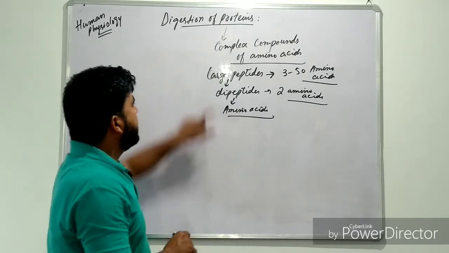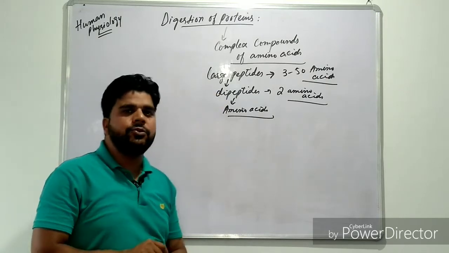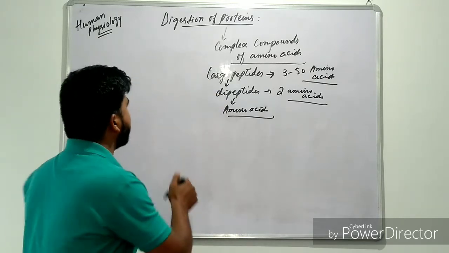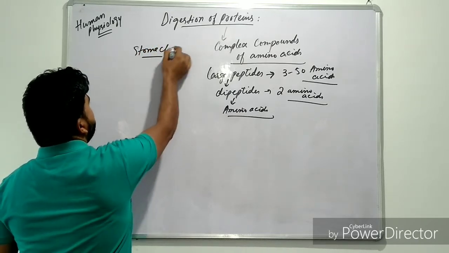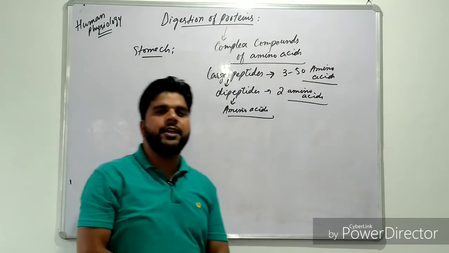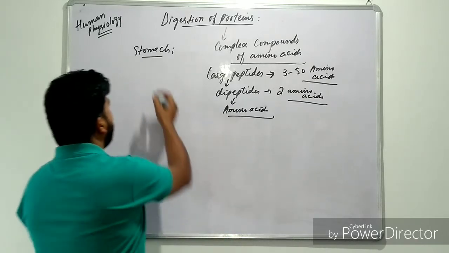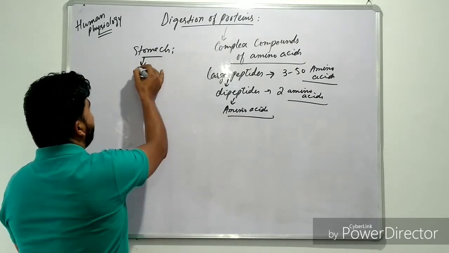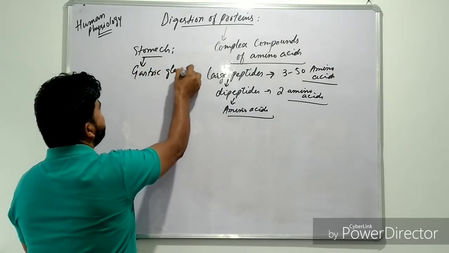So when we take up the proteins, they are directly sent into the stomach through the esophagus, and it's the stomach where the process of the digestion of protein starts. Actually, the stomach, we all know that the lining of the stomach contains some essential glands which are called gastric glands.